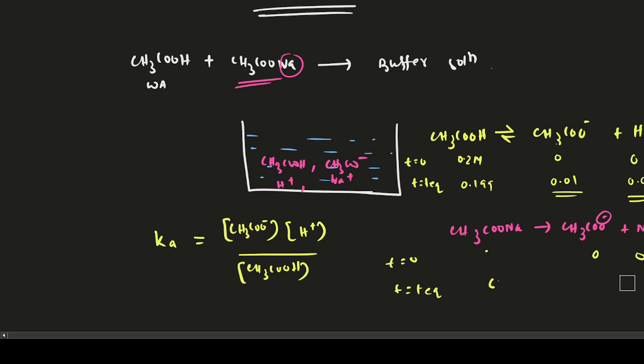And if it is 0.2 molar with 0 initially, then from here it will completely dissociate because it is a strong electrolyte. So 0.2 molar. Okay.